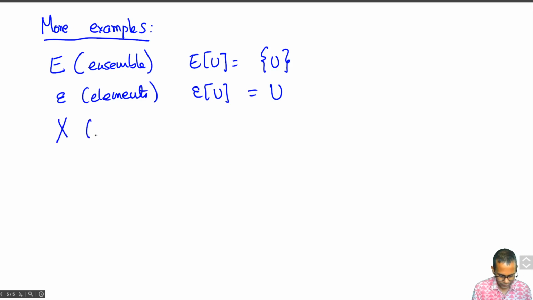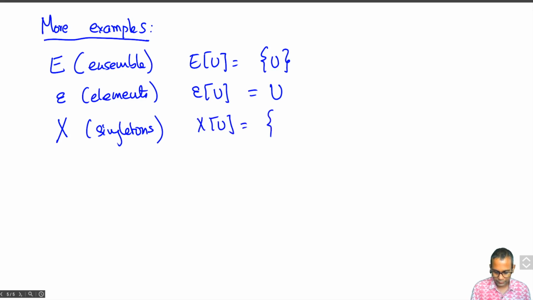X is called the species of singletons. In the calculus of species, this will play the role of multiplication by x, and x of u is defined to be u if cardinality of u is 1 and empty otherwise.